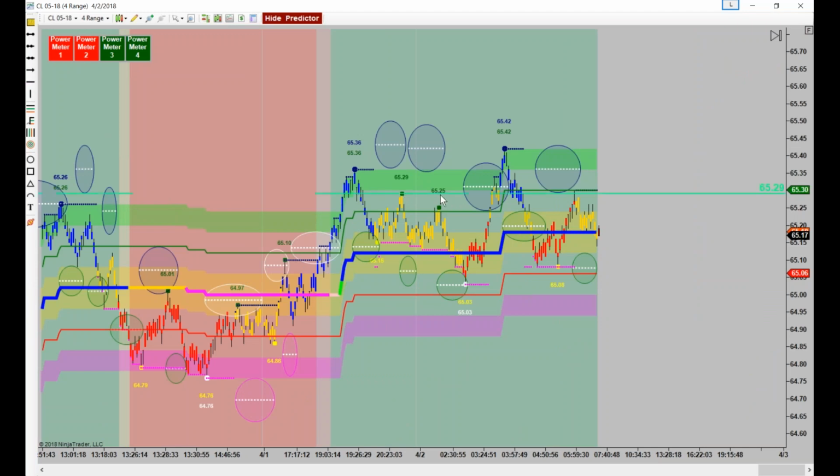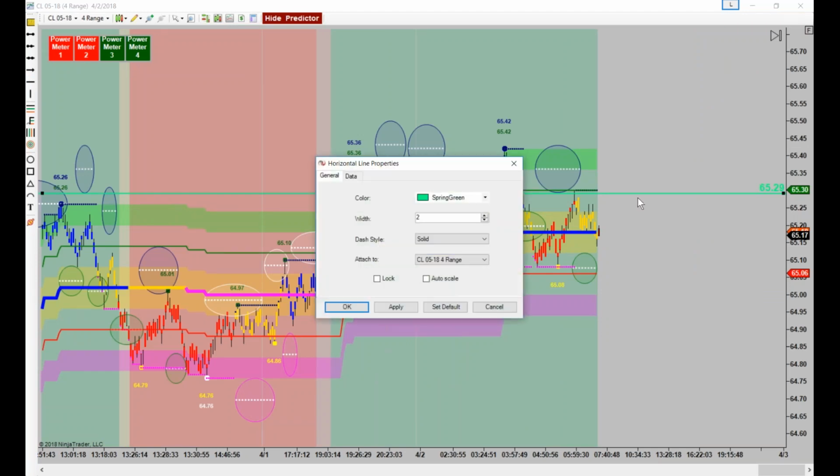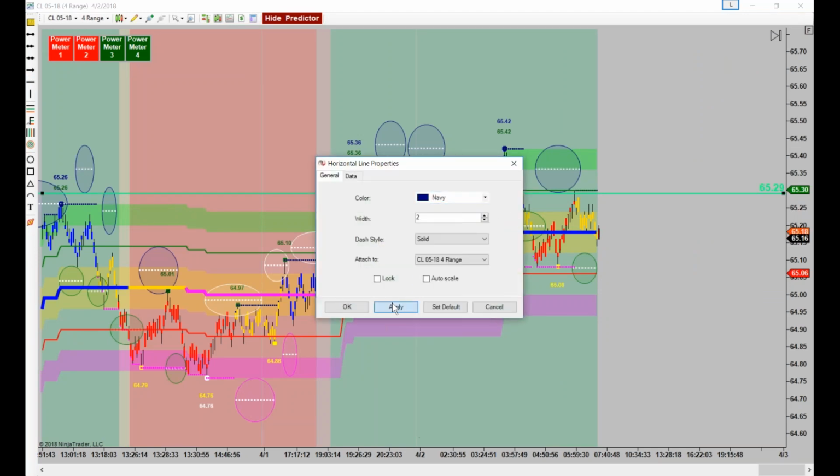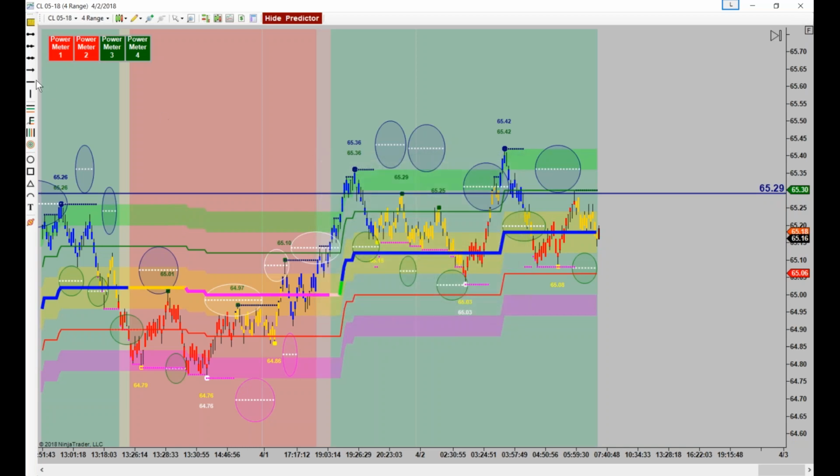I'd be looking for a break above 29 and a pullback and a kiss. Let's go ahead and set that as our default. And I'd be looking for a break below here. So in other words, what I'd be looking for would be this trade here, break up, pull back and kiss, and then head up.